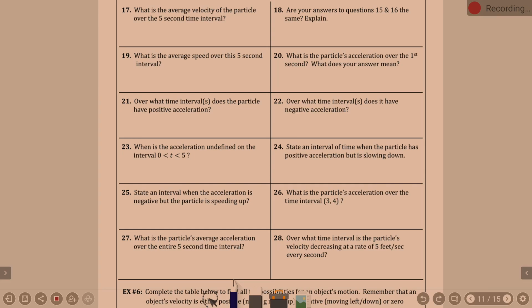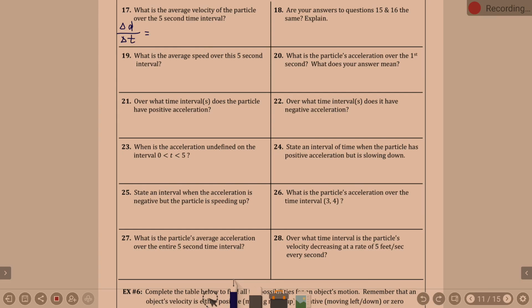When we did average velocity back on 11, it was what? Change in distance over change in time. Let's do that. We have our change in distance, which is -7.5. Or is it 22.5?